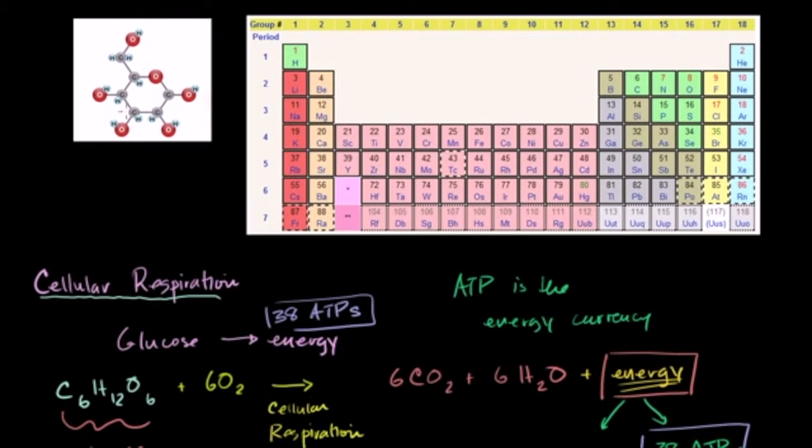This is glucose right here, and notice you have 1, 2, 3, 4, 5, 6 carbons. I got this off of Wikipedia. Just look up glucose and you can see this diagram if you want to see the details, where you can see I have 6 carbons, 6 oxygens, and then all of these little small blue things are my hydrogens. So that's what glucose actually looks like.